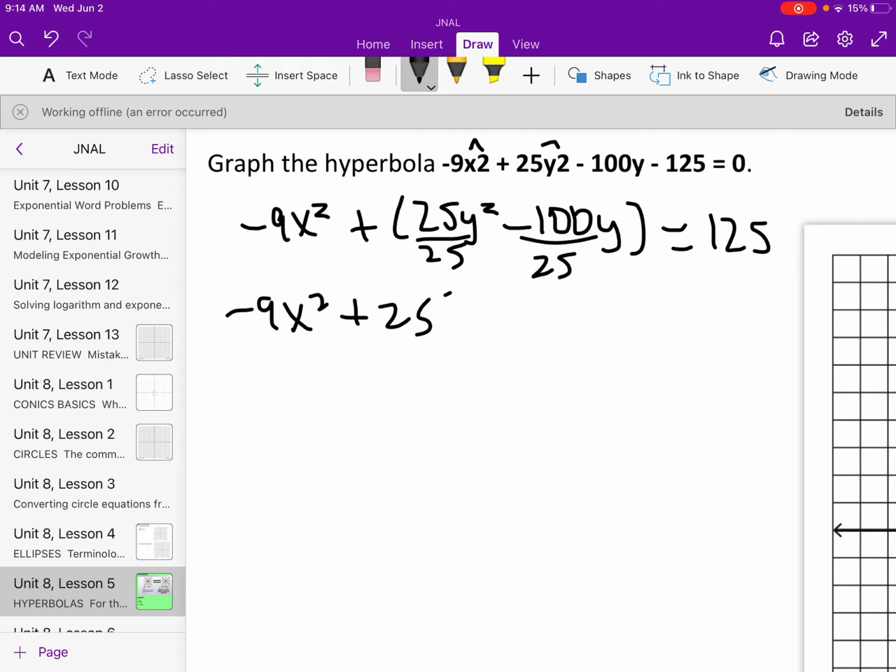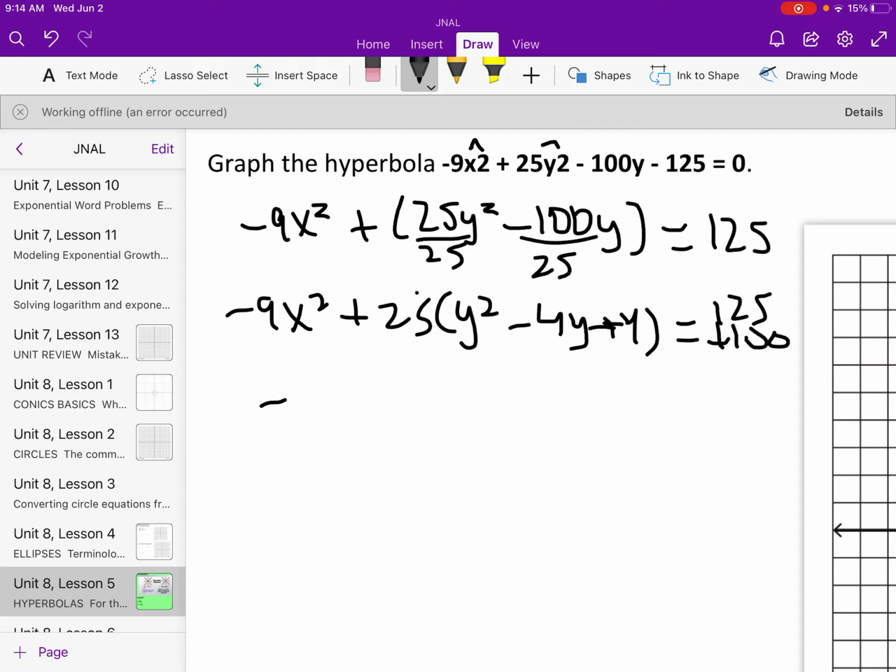So, y squared minus 4y, 4 divided by 2, 2, 2 squared, 4. And then we need to also add something to the 125, but not just 4. Remember I said you have to do 25 times 4 because you divide by that 25. So plus 100.